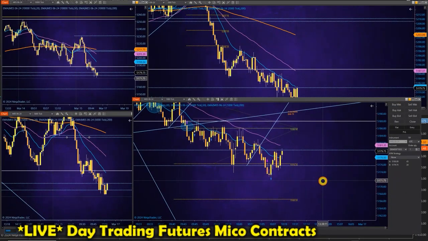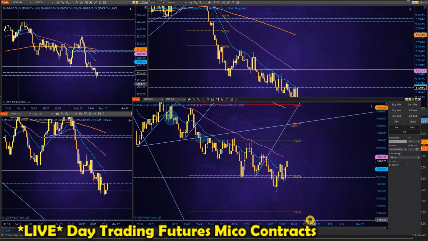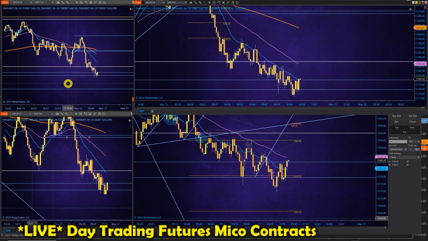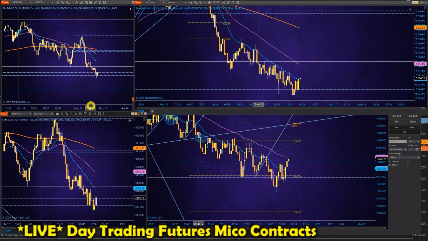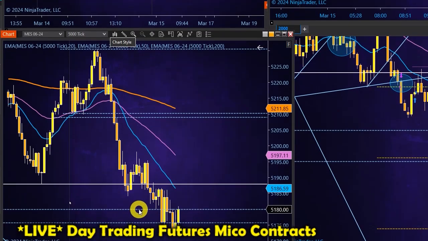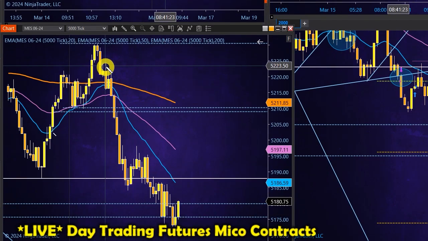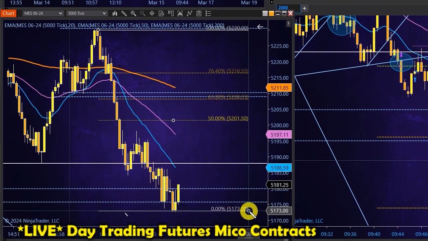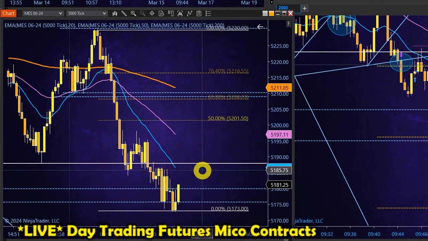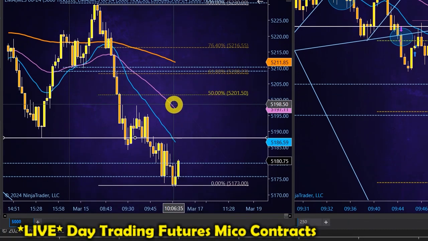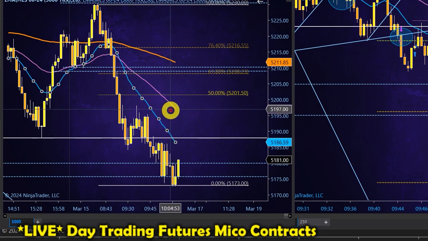Now, the pullback may be substantial. It may be 50% of this drop for all we know. Let's go to the 5,000 tick chart and look at the Fibonacci. If it wants to pull back 50% of that move, it's going to be tough, because it's going to go back up over the previous day's low, and it's going to have to test these downtrending moving averages.